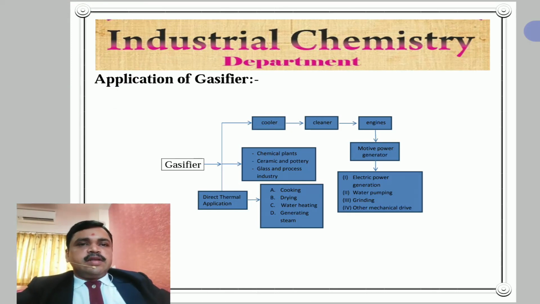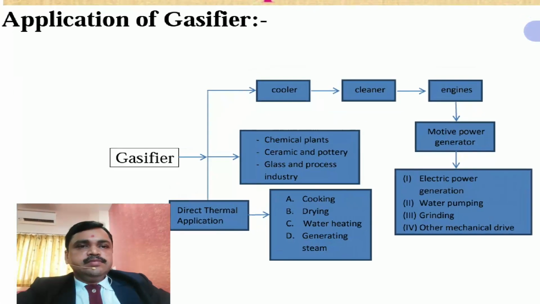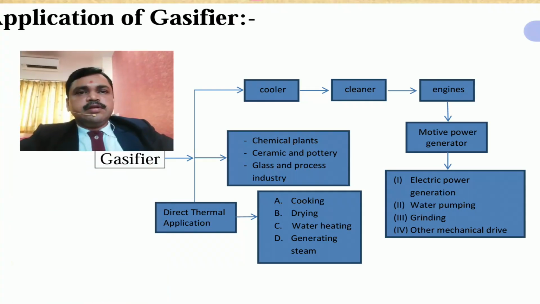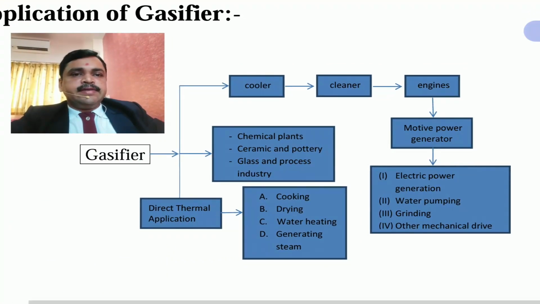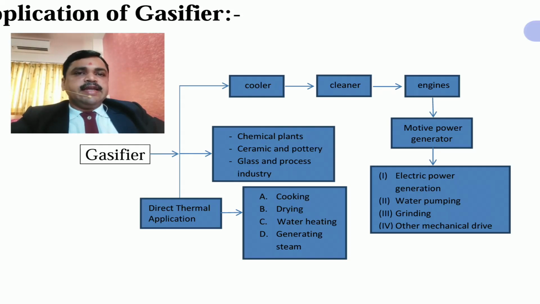Now the last point, application of gasifier. There are two main applications: one is direct thermal application and one is indirect application. With the help of gasifier, we generate power.